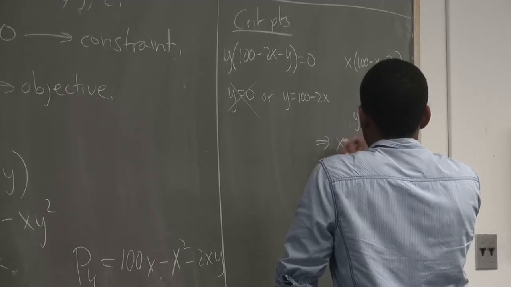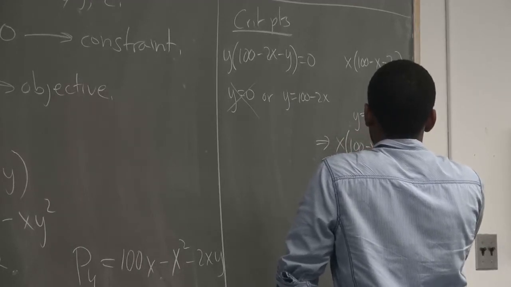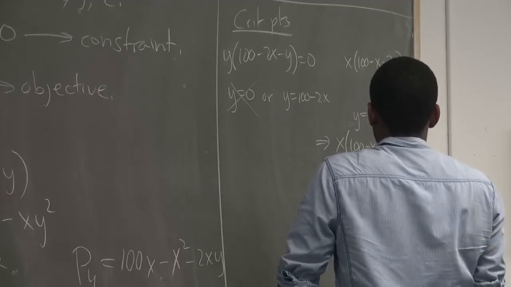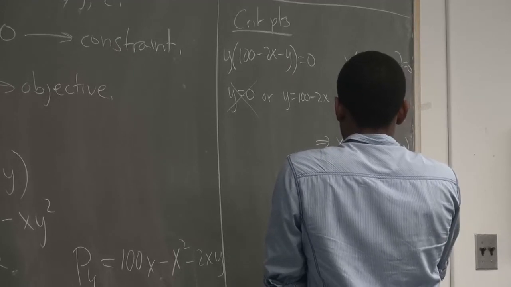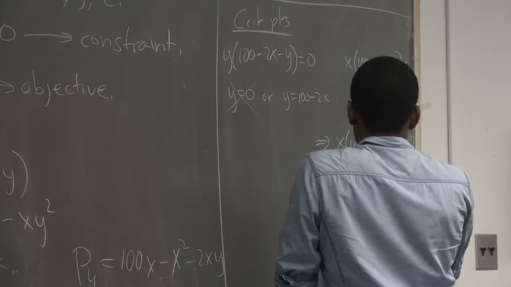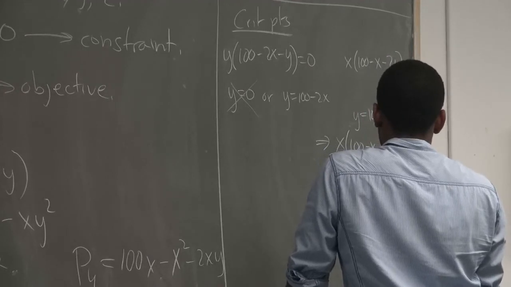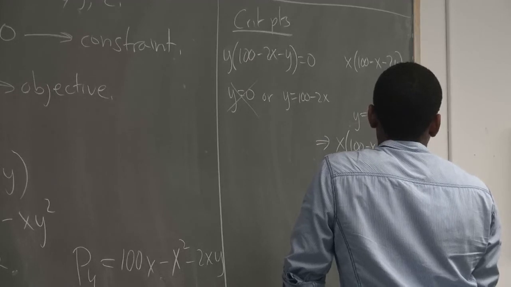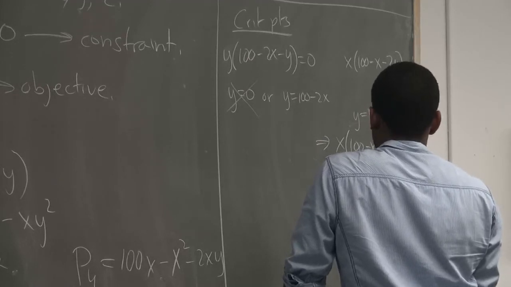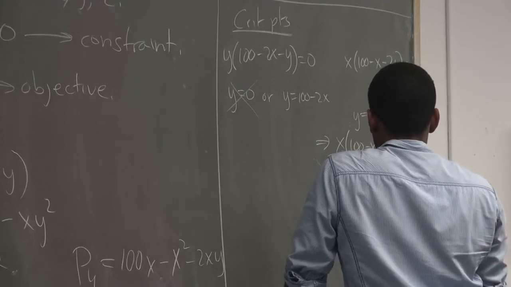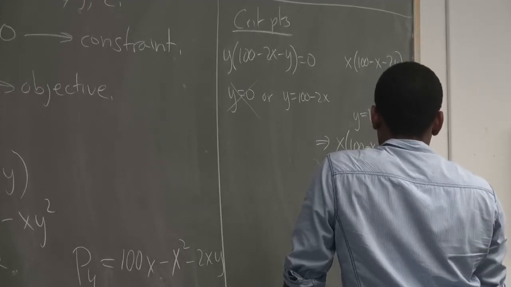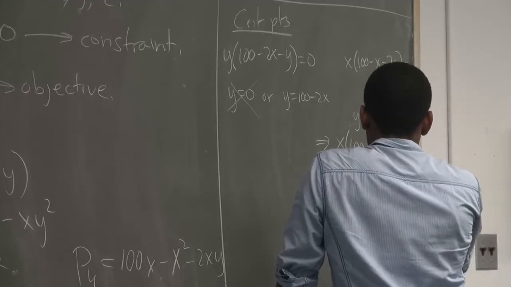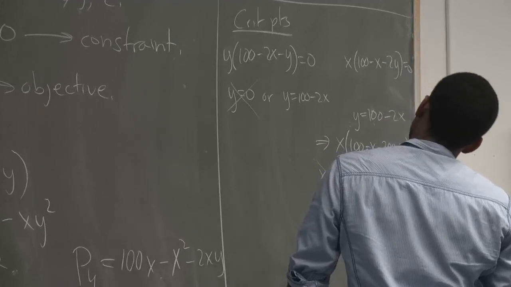So I have x times (100 minus x minus 2(100 minus 2x)) equal to 0, or x would be equal to what for the last one? Yeah, it's 100 over 3.